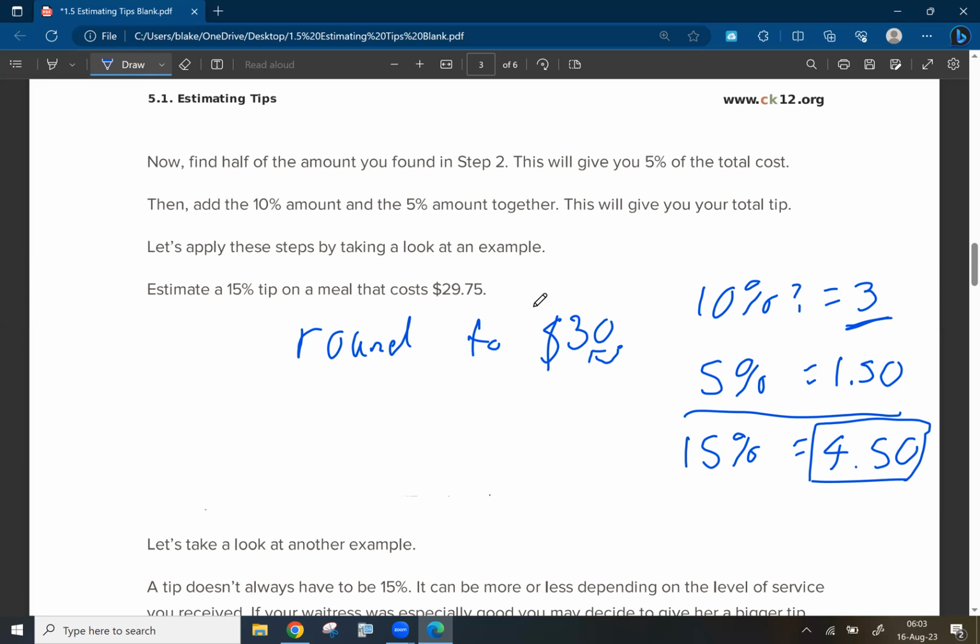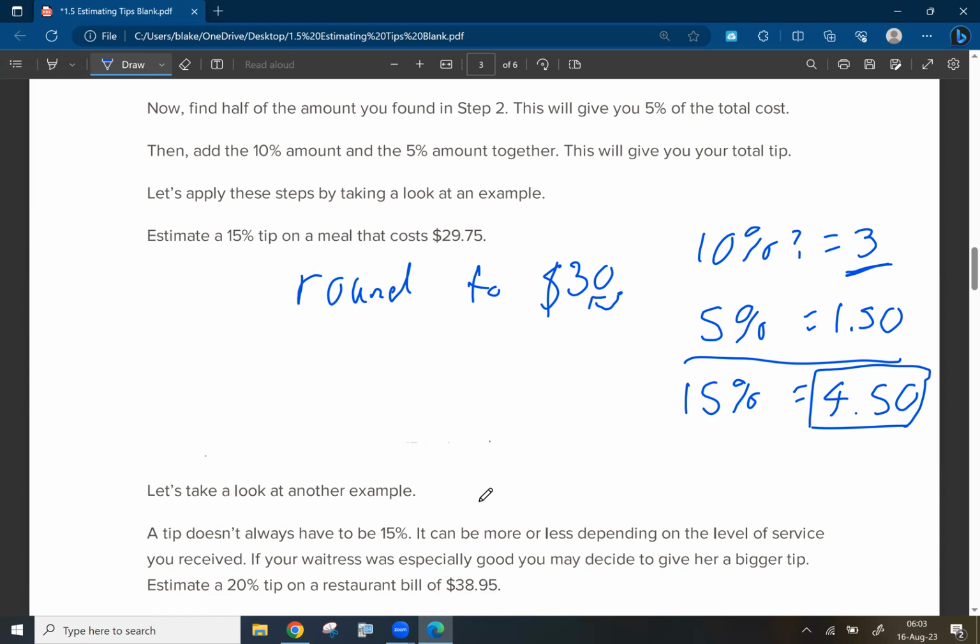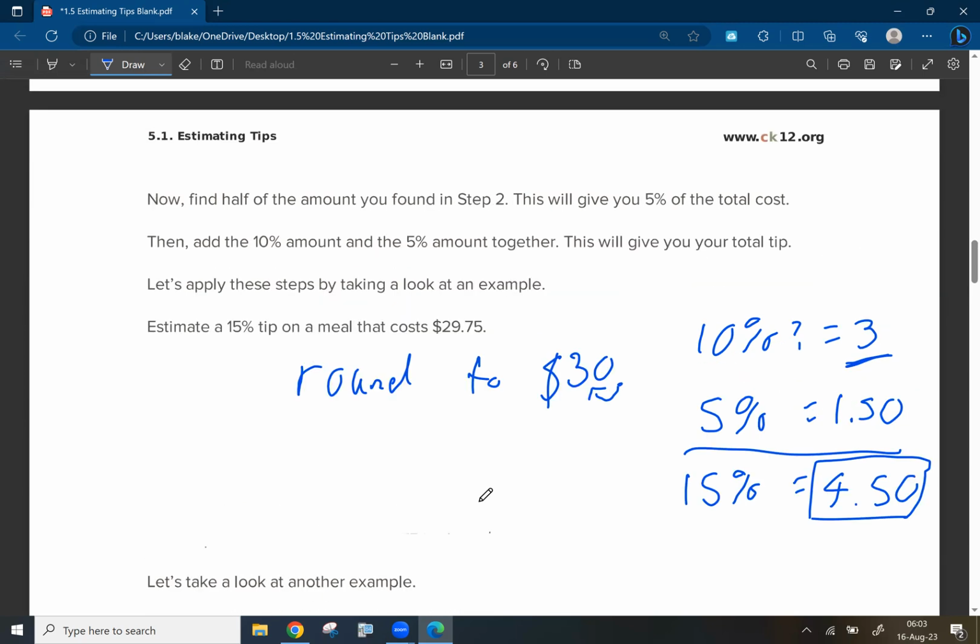So that's going to be our process. It's going to be pretty much the same thing every time. Start with rounding your dollar amount to the nearest whole dollar. Then take 10% of that and use that as a base and work to find the numbers around that 10% value. Now, it's important to note that we're not going to calculate things like 13% in our head or 18% in our head.